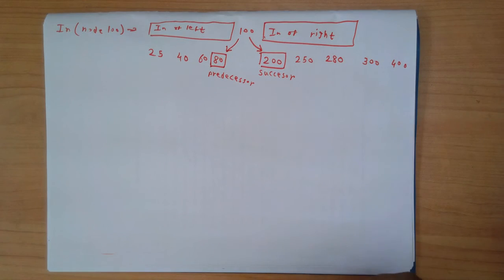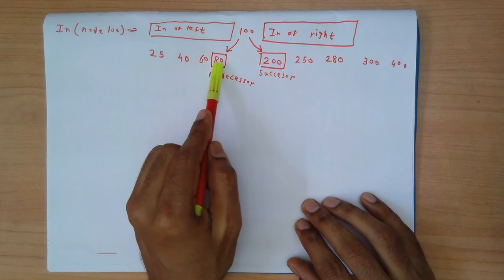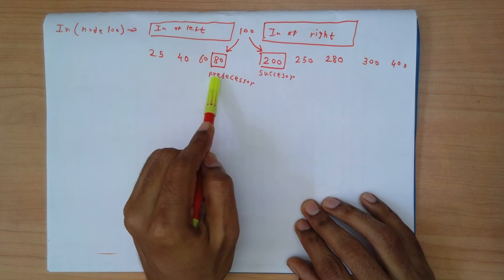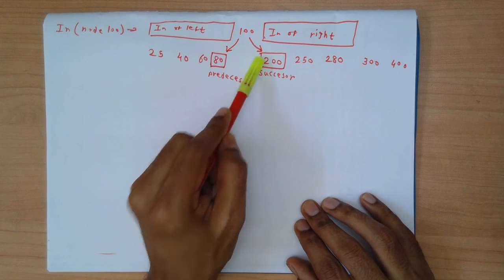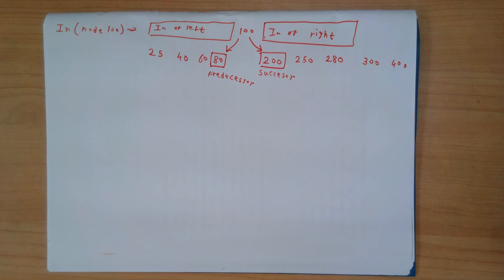So the number which is immediately before a given number in the in-order traversal is the predecessor, and the number which is immediately after is its successor. We will use this predecessor and successor when we actually delete values from our binary search tree.